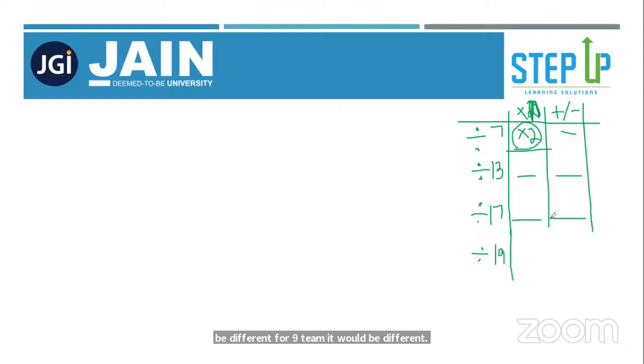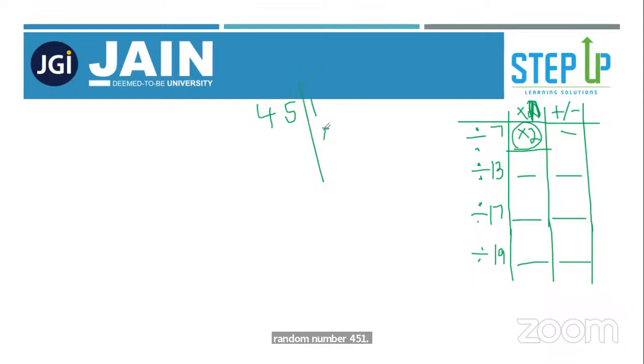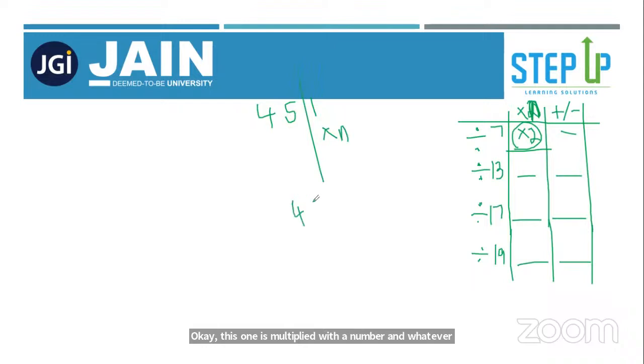You will multiply the last digit with the number, and the rest of the number is either added or subtracted. Take a random number 451. This 1 is multiplied with the number n. Whatever answer you get, 1n, should be subtracted from or added to the 45, so that you get a multiple of the number you are testing.